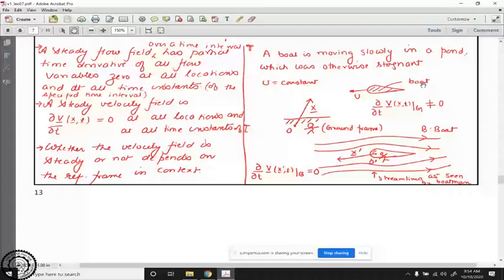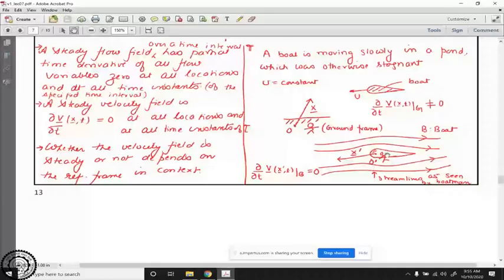But as the boat comes near, you will start seeing ripples at that location. So in temporal history, velocity has been changing, and that's why I'm saying it is an unsteady flow field. I think this part is probably already clear to you, but I went over it. Now let's come to the case when you actually put yourself on the boat.